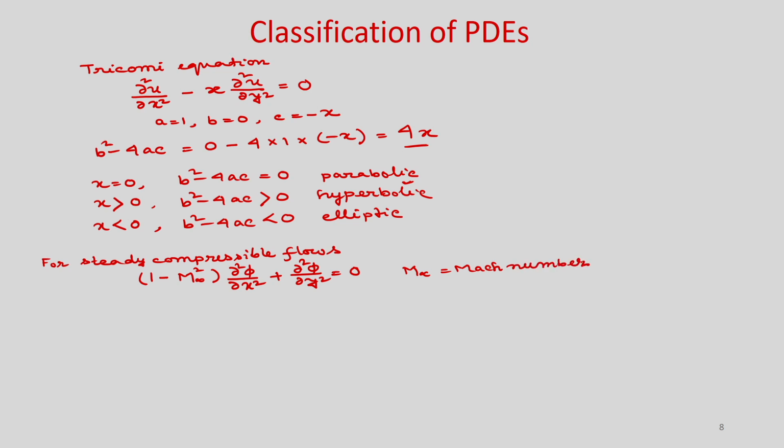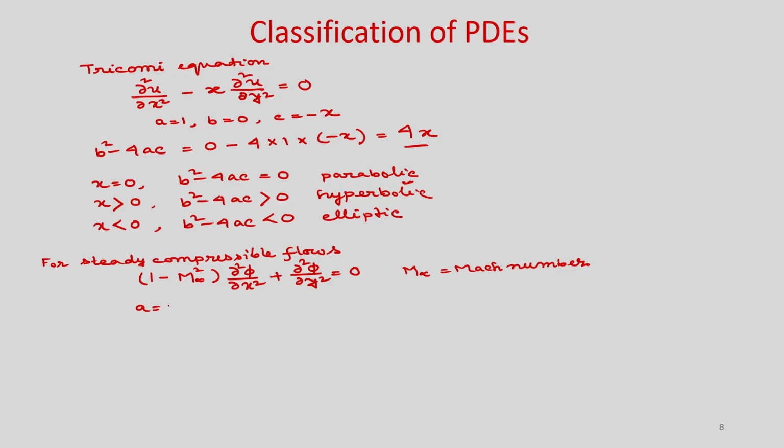Okay. So, now you find the coefficients. Okay, here there is no mixed derivative. So, b will be 0 and a will be 1 minus M∞² and c will be 1. So, a is 1 minus M∞², b is 0 and c is 1.